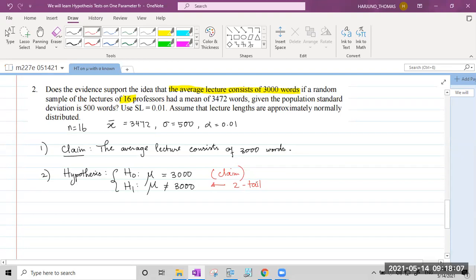Okay, so when we say the claim is 3,000, the mean is 3,000, and you want to refute that, you need to come up with an evidence that is significantly different from 3,000, not simply around 3,000, which can be caused by sampling bias. Okay.